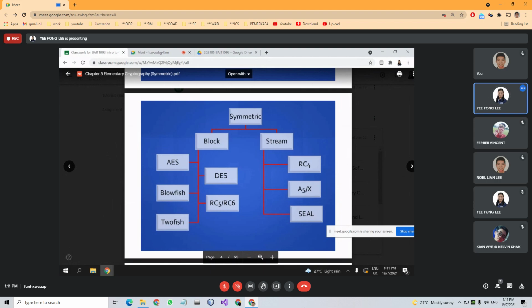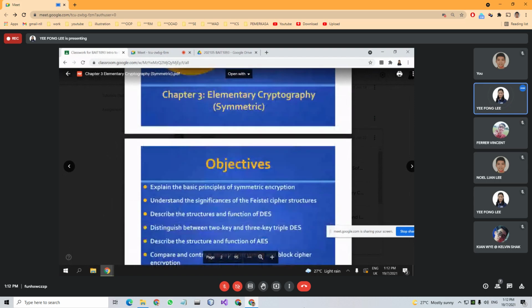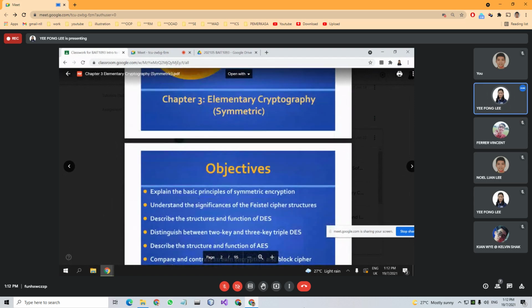So what is this actually? Let me describe to you. Overall, symmetric encryption is about using one single key for encryption and decryption. I repeat, symmetric encryption, our topic today, means using one single key to encrypt and to decrypt.